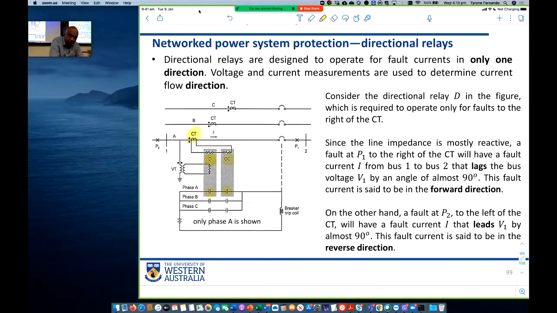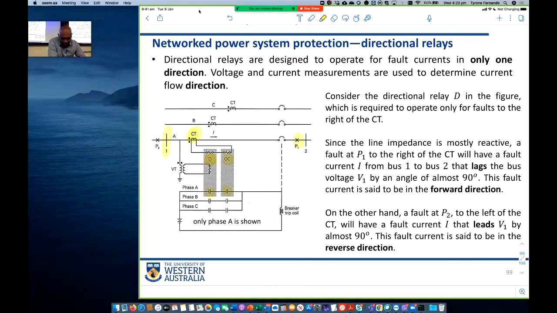Since the line impedance is mostly reactive, a fault at P1, to the right of the current transformer, will have a fault current I from bus 1 to bus 2 that lags bus voltage V1. If the current is flowing in the direction of 1 to 2, because the line is inductive, the current will be lagging the voltage. So that voltage and current measurement can tell you the direction of current flow.